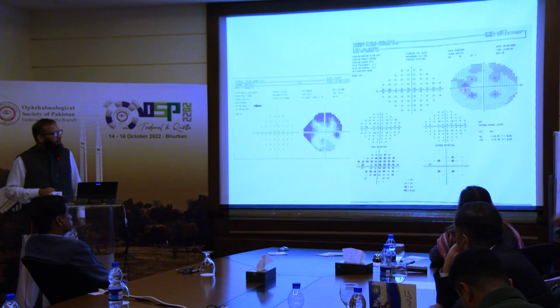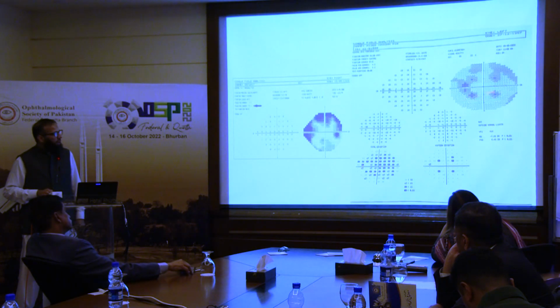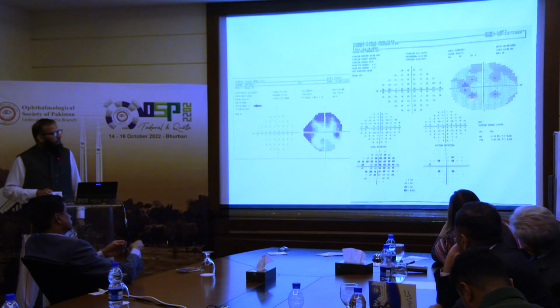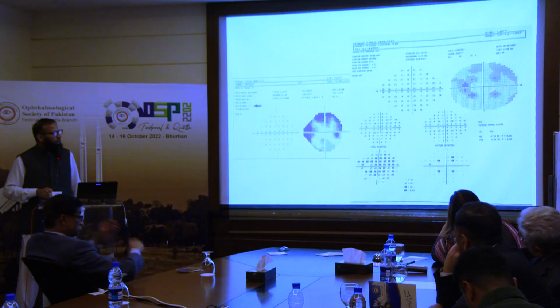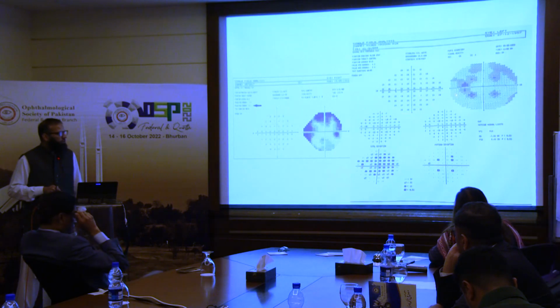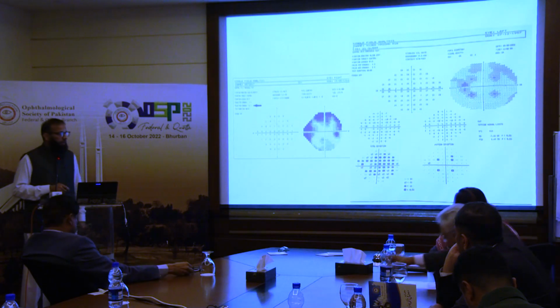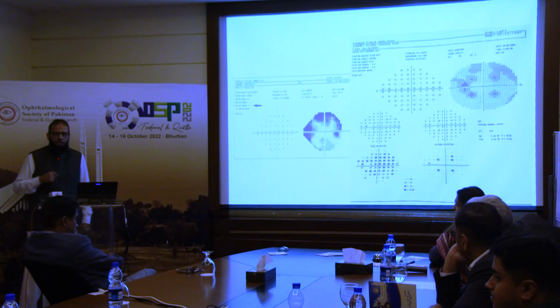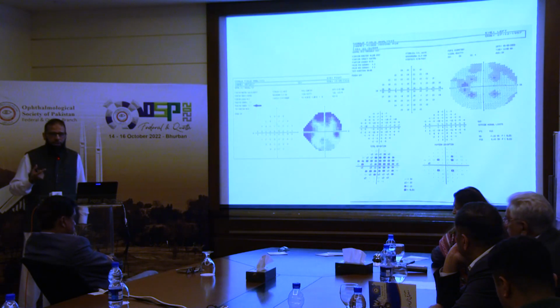Now what is this? You can appreciate 4 paracentral points here, and this is actually the reverse of the clover leaf pattern. This is called the reverse clover leaf pattern. It occurs when the patient initially does not recognize that the test has started.